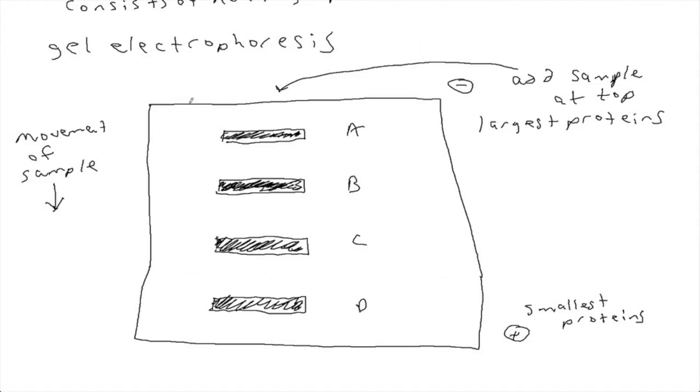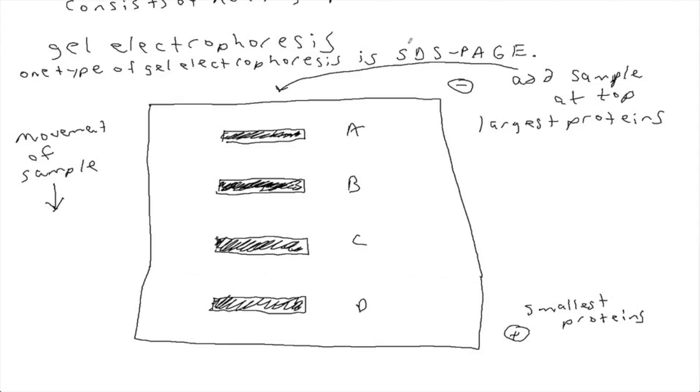So what you were focusing on, you didn't quite say it, but you were focusing on a particular type of gel electrophoresis. You were focusing on SDS-PAGE, which is good.